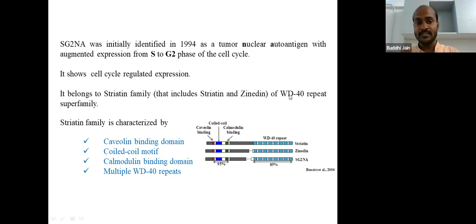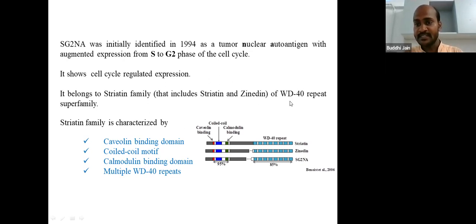Scaffold proteins are those proteins which provide a platform for the assembly of multiple proteins into a single complex and then mediate the downstream effect. So these scaffold proteins basically act as a platform for assembly of multiple proteins.